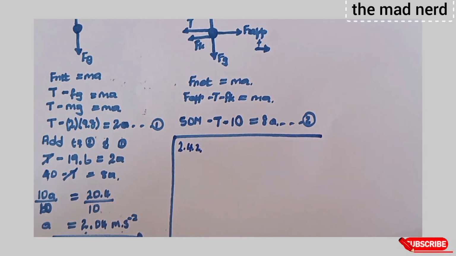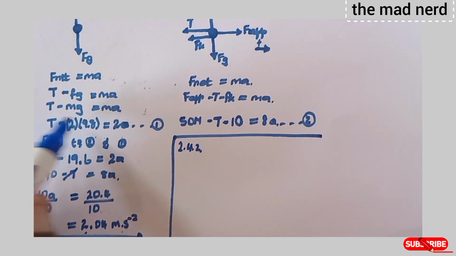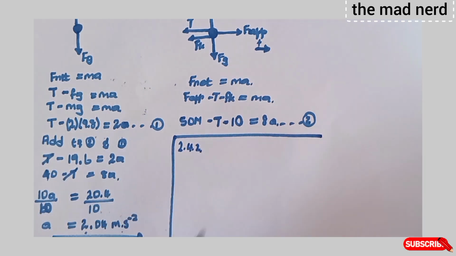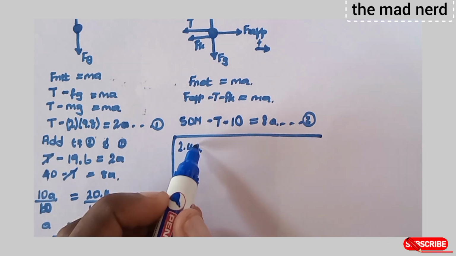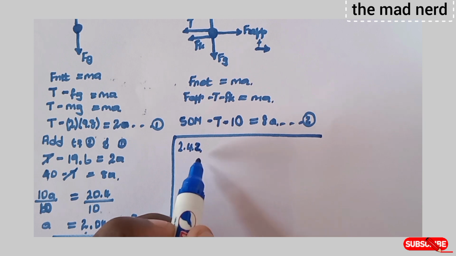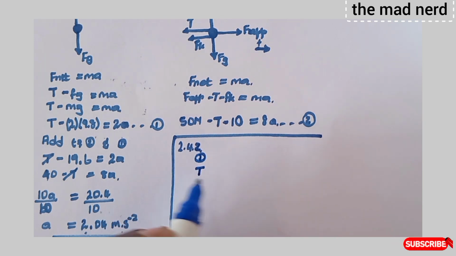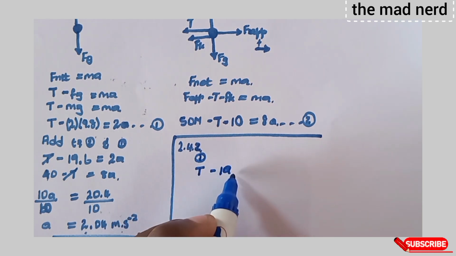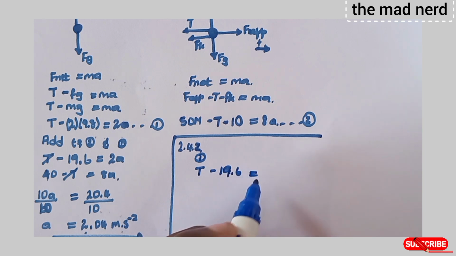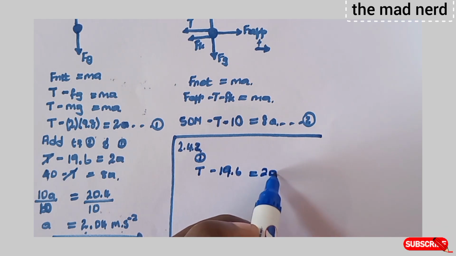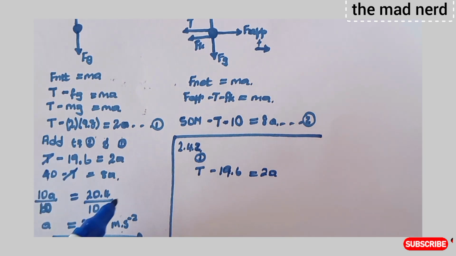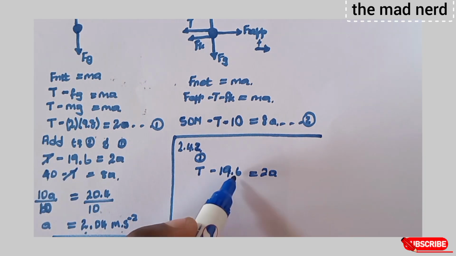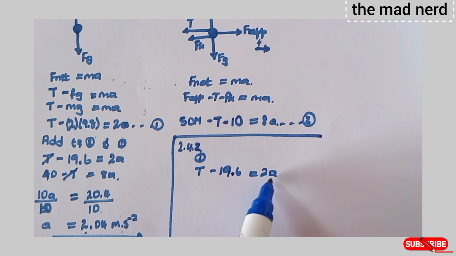We have the tension in equation 1, so we can pick one of these equations and find the tension in the string. We can just take equation 1 and say T minus 19.6 is equal to 2a. This equation can help us find the tension, because we have the acceleration there as 2.04.